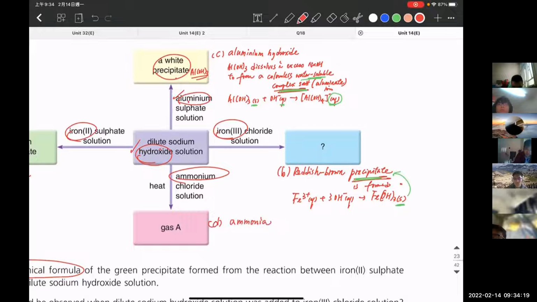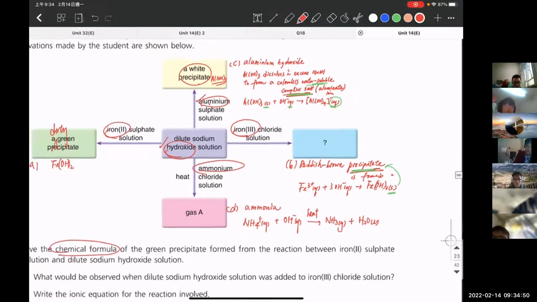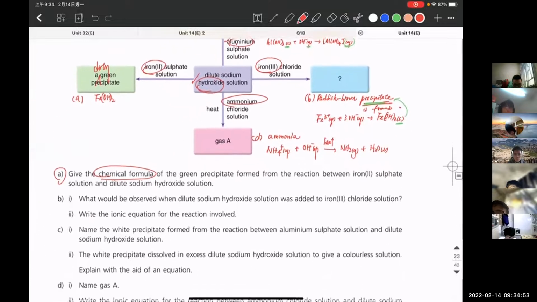The equation? What is the product? If I write down ammonia, besides ammonia, what will be formed? Oh, so this is water: ammonia and H2O. So we just stop it here.